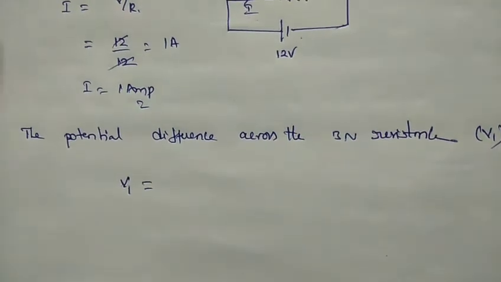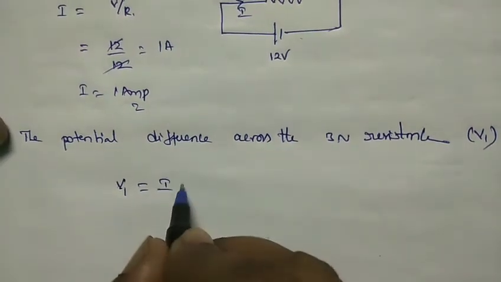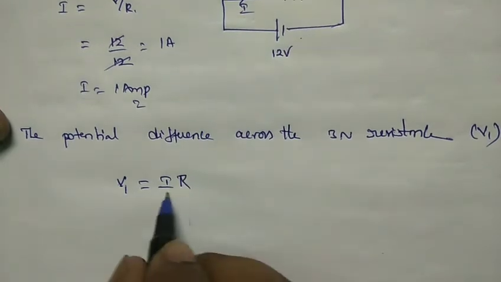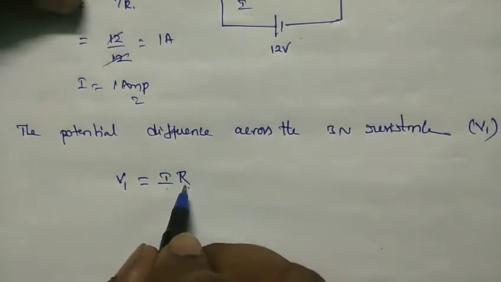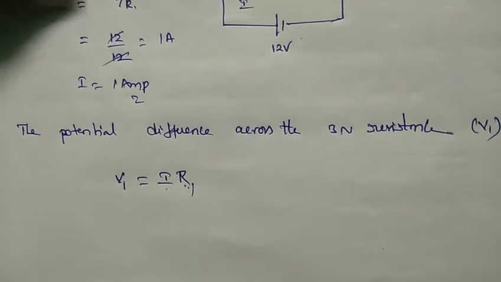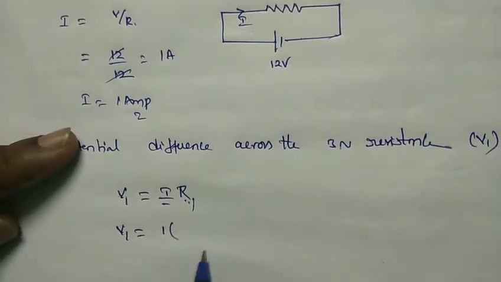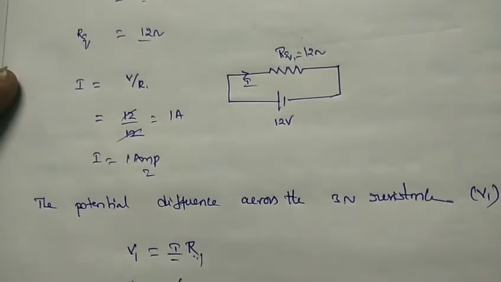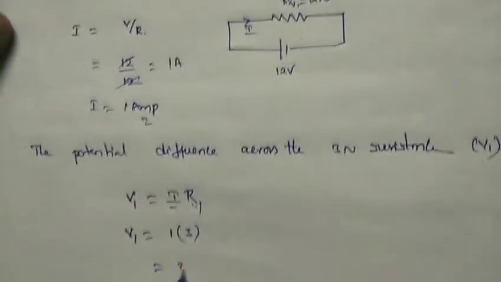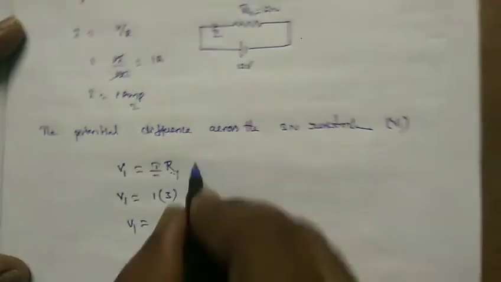V1 is equal to I into R, where R means R1. So V1 is equal to I, which is 1 ampere, into R1, which is 3 ohms. 1 into 3, 3 volts.